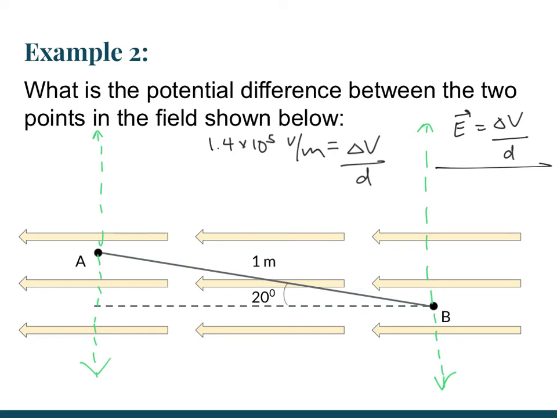So we're going to have to use a wee little bit of trig, which is our favorite. So we know the distance between A and B is 1 meter, and their displacement is at a 20-degree angle above the horizontal. So to find the distance between equipotential lines, there to there, we have to do some trig.